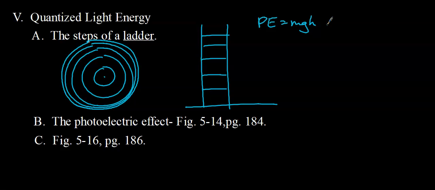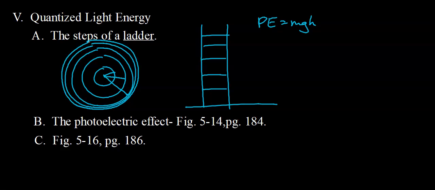Likewise, you can only be certain distances from the ground when you're on a ladder. You can't stand between two of the steps. Electrons can't exist between two of the energy levels. They're either this far, or this far, or this far, and so on from the nucleus. Certain distances, and then certain colors of light are given off.